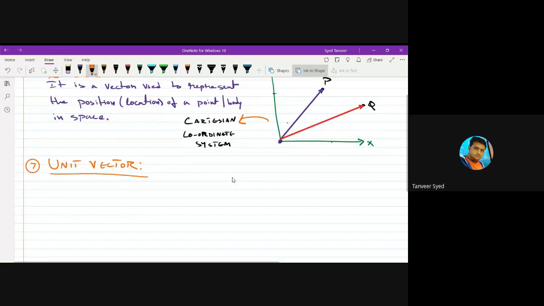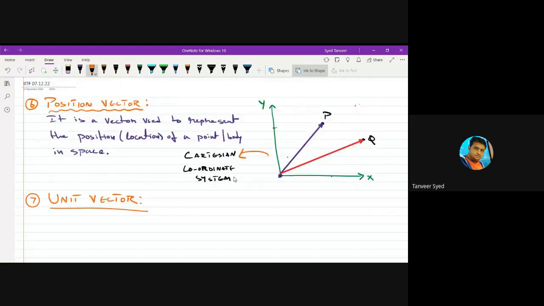So position vector is a vector which is used to represent the position of a point. That's all. Position of a point in space. Space means the space which is enclosed between this x and y axis. You will be coming across some new terminology as the subject advances, as you start learning higher and higher topics.